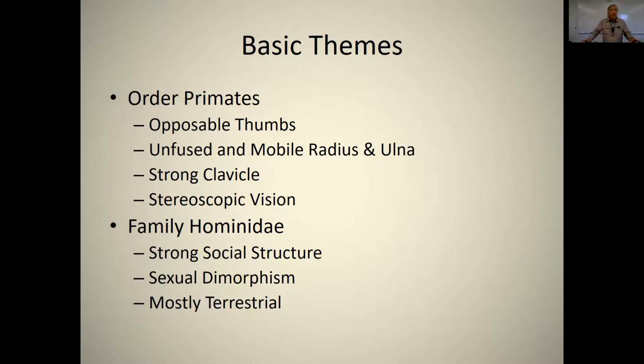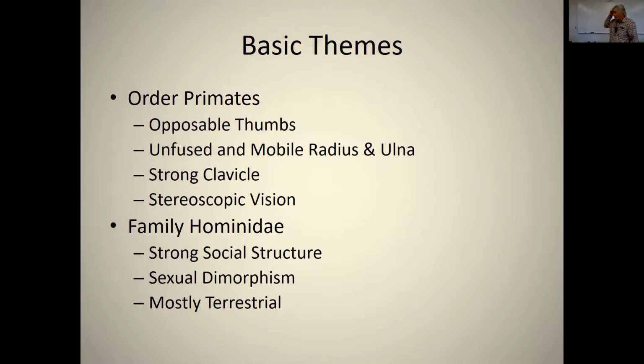The next lower level is called orders. And in the class Mammalia, there are a series of orders. For example, there's order Carnivora, where dogs and cats are. So actually, dogs and cats are mammals. They would be included with us in our class. When we get to the order, we separate out. Carnivora is over here, and we are in the order Primates.